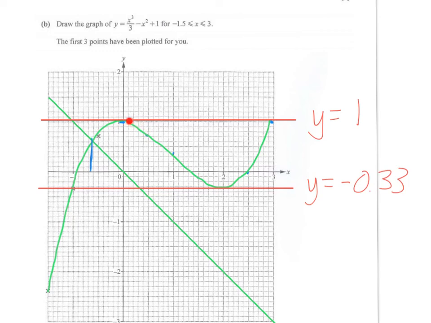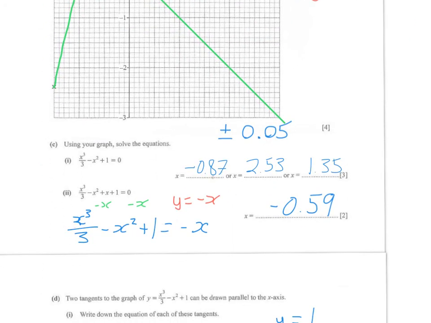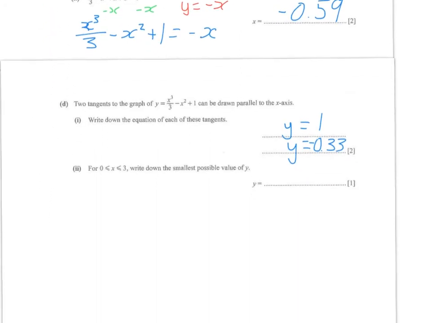And we're looking for where that has the lowest possible value of y, so where it's at its minimum. So that's clearly this point here, and so it should match with the answer from the previous question there, negative 0.03. So that should be the lowest your graph can go.